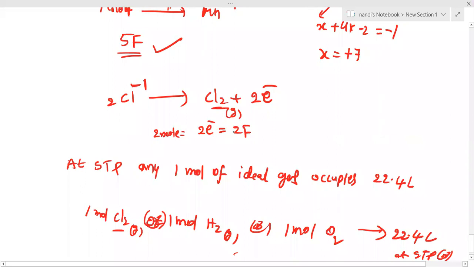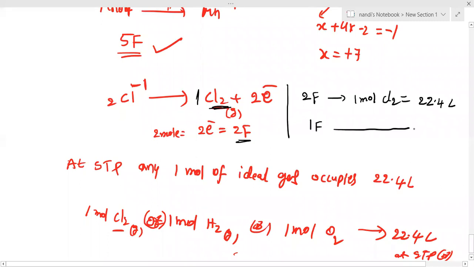Here we check it, sir. 2 Faradays, how many moles of Cl2 did we get? In front of this, how much? 1. So I'm writing 2 Faradays given 1 mole of Cl2, is it correct? 1 mole of Cl2 at STP is how many liters? 22.4 liters. Then 1 Faraday means how many liters, sir?